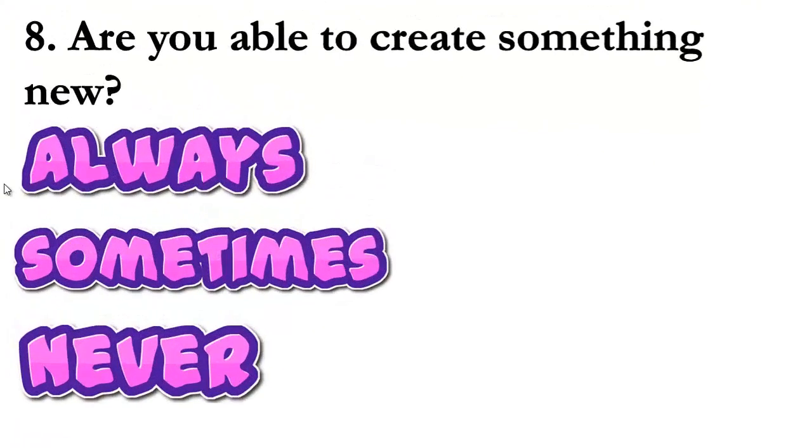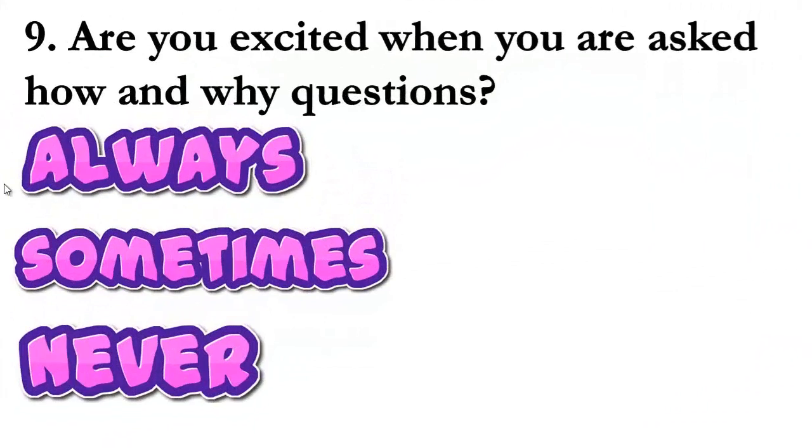Number 8, are you able to create something new? Also the same thing, you can choose one. Always, or sometimes, or never. Very good. Number 9, are you excited when you are asked how and why questions? Sometimes, or always, or never. So that's related to your choice.